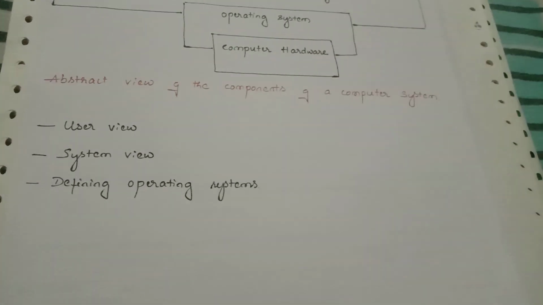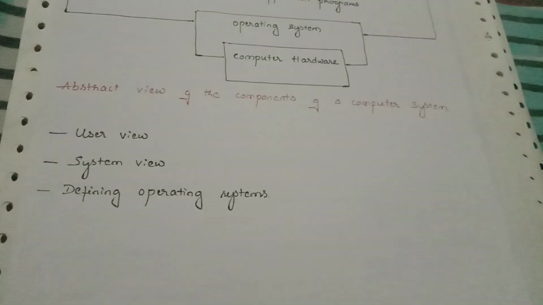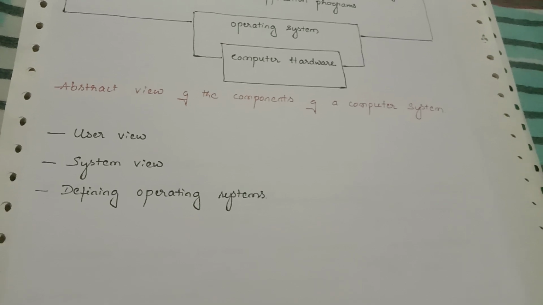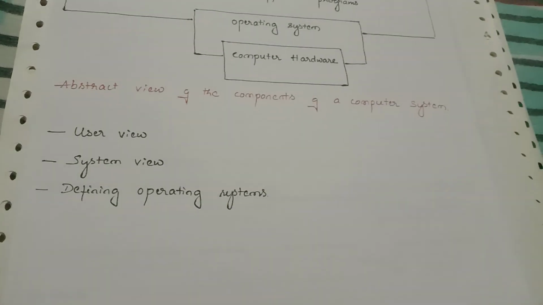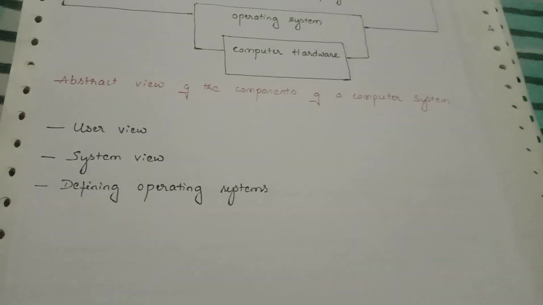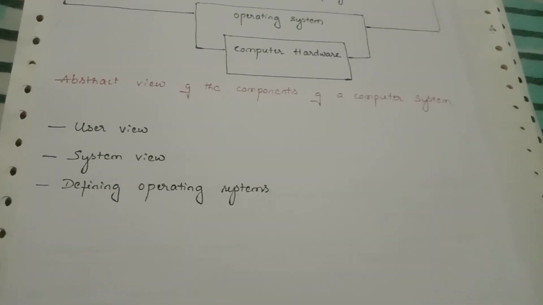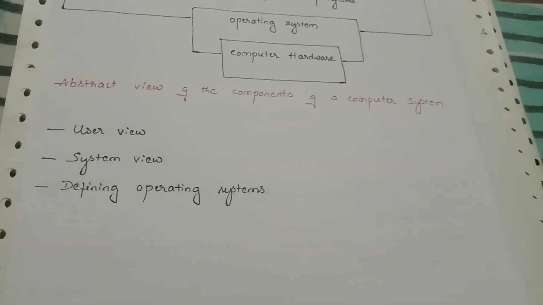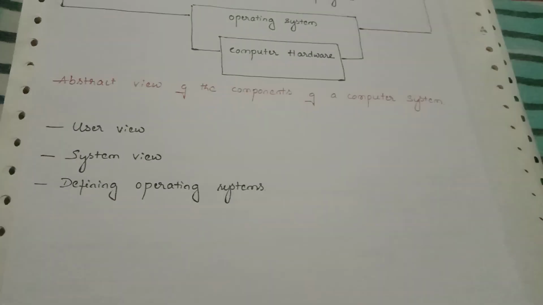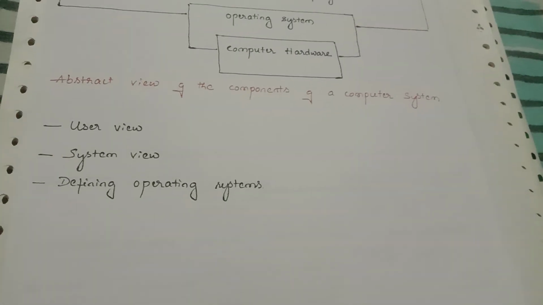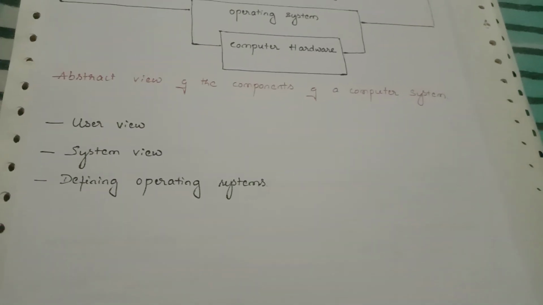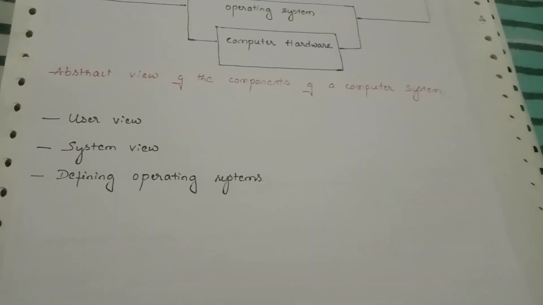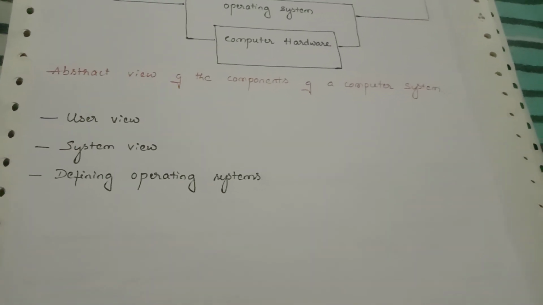Now, if a user sits in front of a terminal that is connected to a mainframe or a minicomputer, other users are accessing the same computer through other terminals. In this case, the users share resources and may exchange information. The operating system in such cases is designed to maximize resource utilization, to assure that all the available CPU time, memory and IO are used efficiently and that no individual user takes more than her fair share.